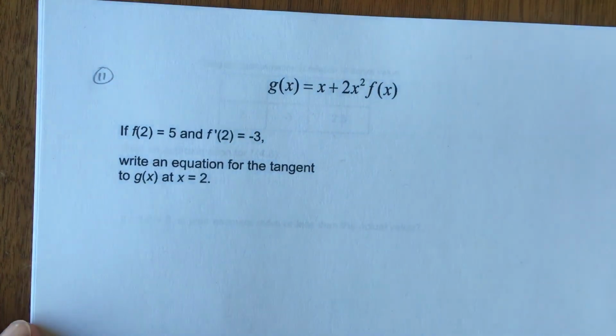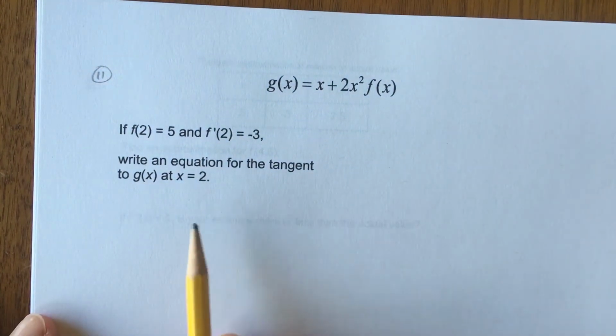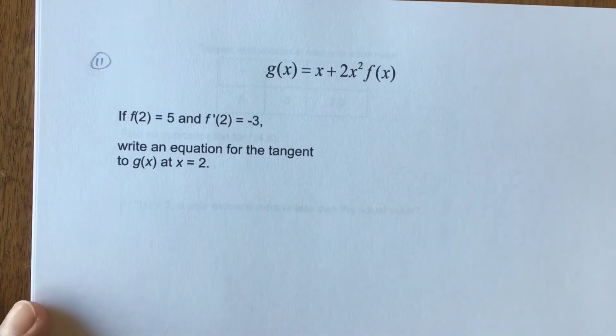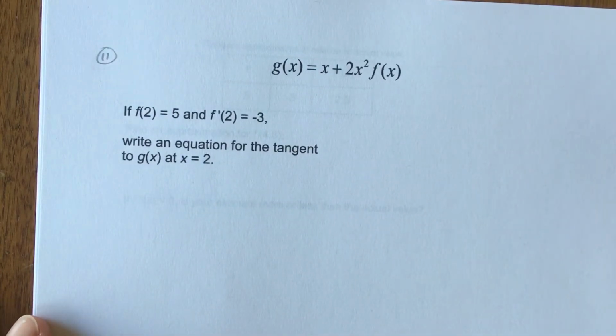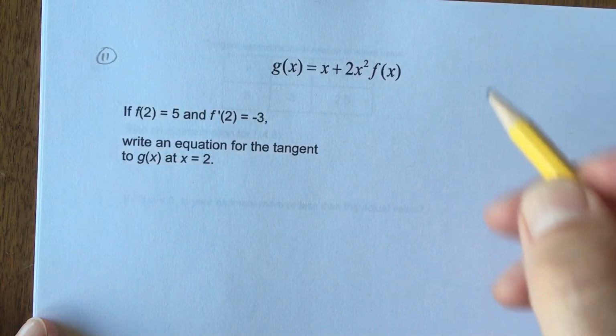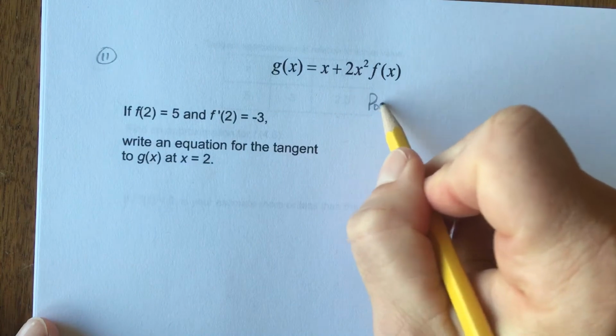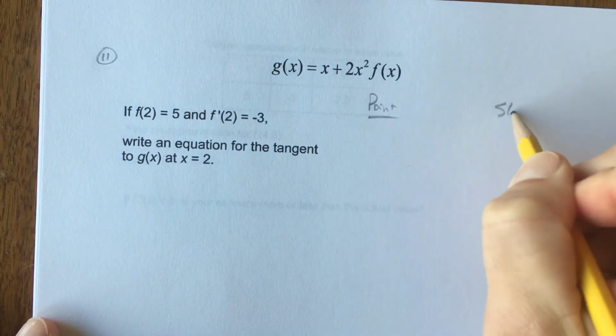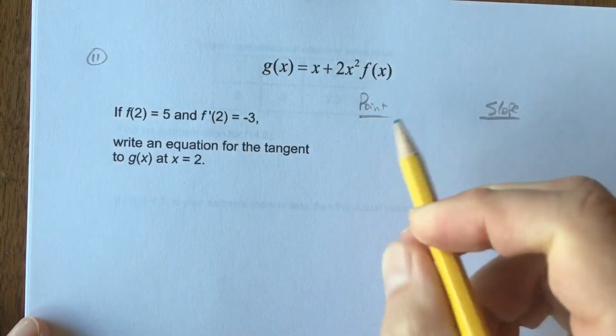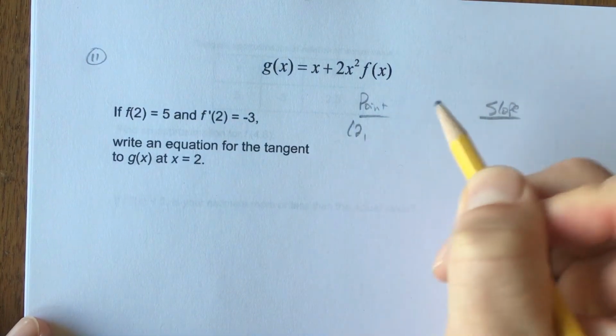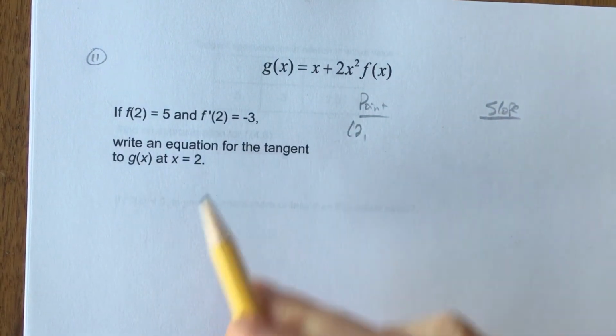Here's another one where we're going to try to get an equation for a tangent line at 2. Why don't you pause and see if you can do that. So anytime we see equation of a tangent line, we're thinking point and we're thinking slope. So for our point, we know that 2 is the x-coordinate. We need to figure out what the y-coordinate is.